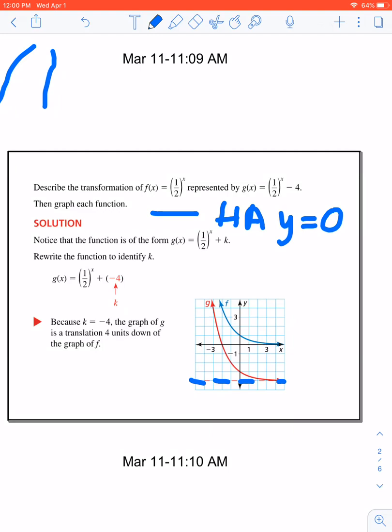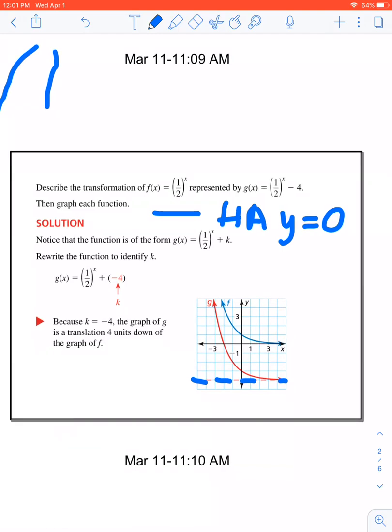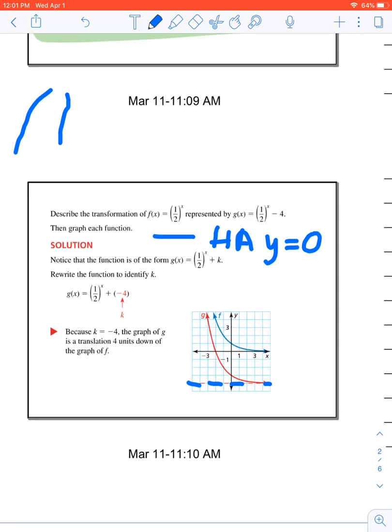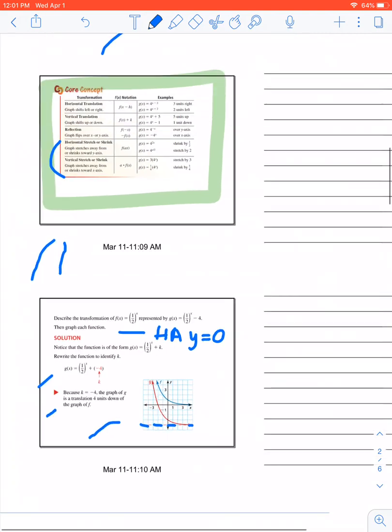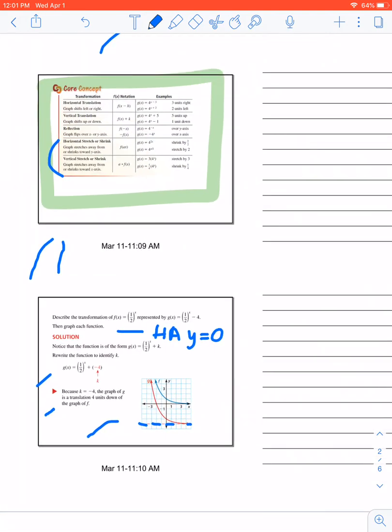We're also going to have you do the domain and range on these problems. So what does that look like when we talk about domain and range? So let's look at the first function, f(x) = (1/2)^x, okay? So our domain of that function, we're just going to change it to y equals (1/2)^x. Our domain is going to be all reals, so -infinity to +infinity.